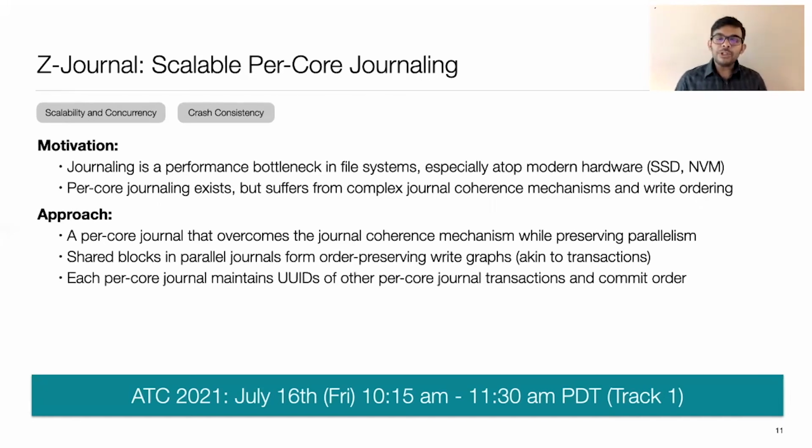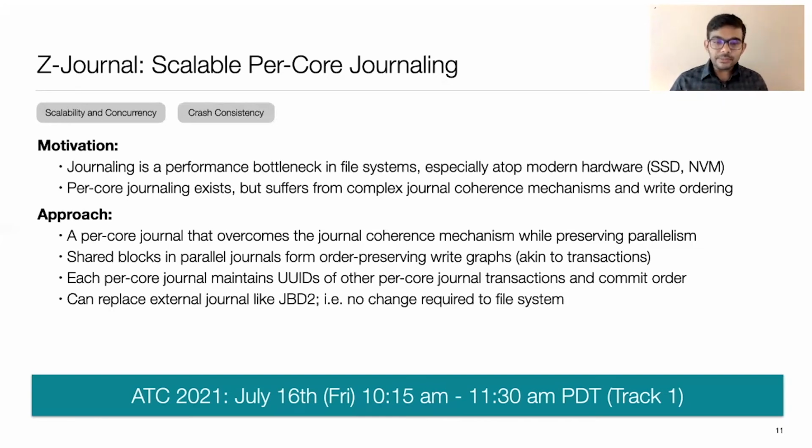Each per core journal maintains IDs of ongoing transactions of all the other per core journals. And so, by simply noting down the IDs and having a dependency graph of which transaction happened before which other transaction, the Z-journal can recover correctly while not depending on the other per core journals in the common case of writing to the journal.